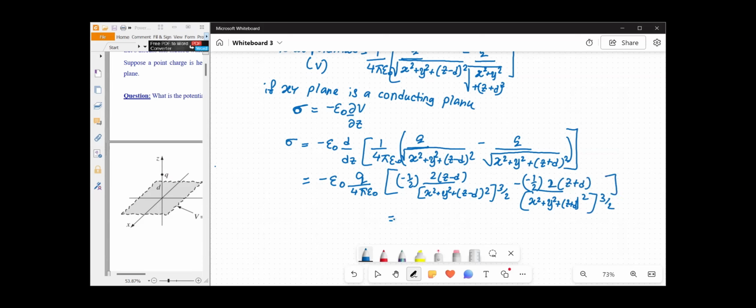Then when we simplify this, the 4 pi epsilon naught cancels out.